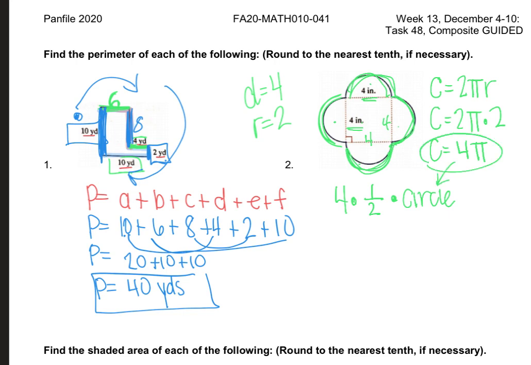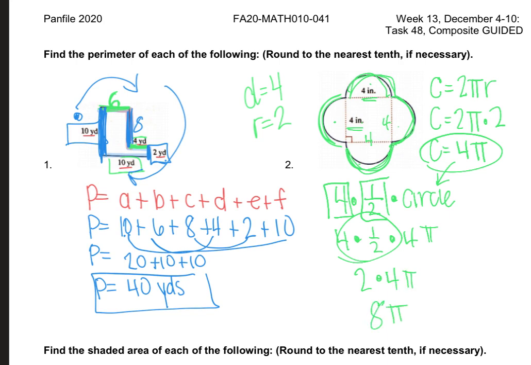I'm going to plug that in here, because now I'm saying to myself, well, I don't have a whole circle. I actually have 4 halves of that circle. So 4 times 1/2 times 4 pi. Half of 4 is 2, times 4 pi, and that's going to be 8 pi.